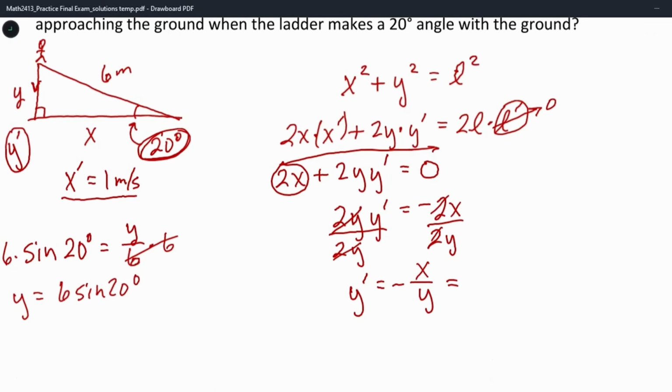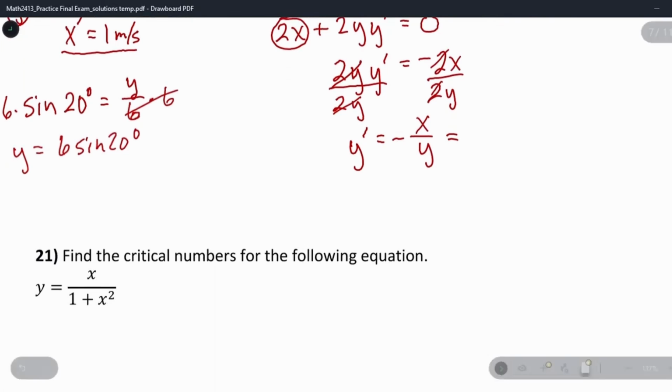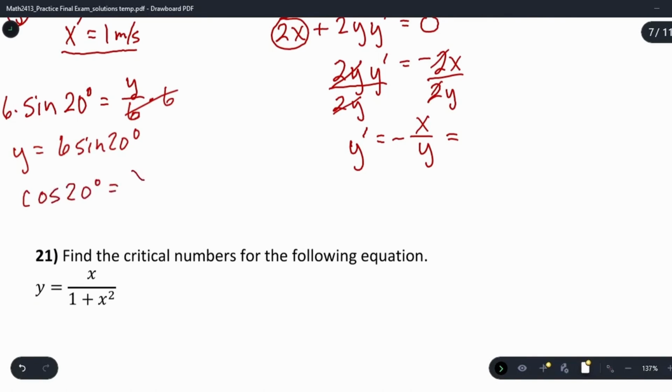Okay? We also know that cosine of theta, cosine of our angle, is x over r. Again, if I multiply both sides by 6, then I'll know what x is. Here x is 6 cosine of 20.